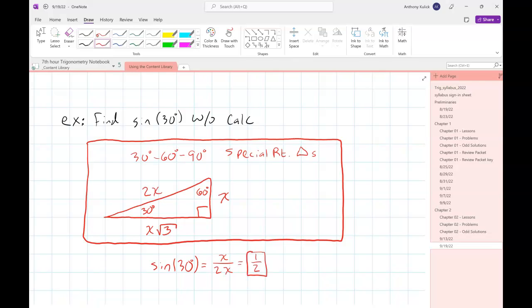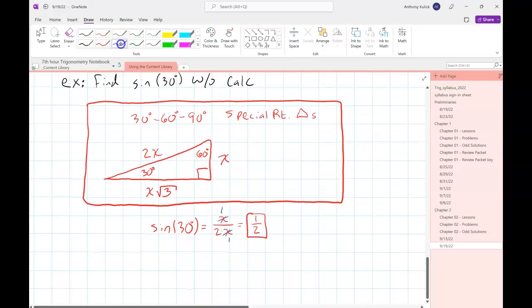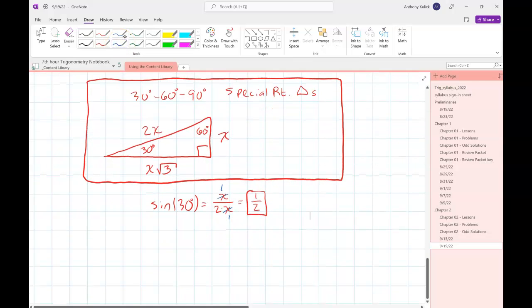Everybody okay with that? Right, because the x on top can cancel with the x on bottom. When I cross them out, they just become 1s. So I'm left with 1/2 times 1, or just 1/2. Well, that was pretty easy. The hard part was remembering that 30, 60, 90 triangle from before.